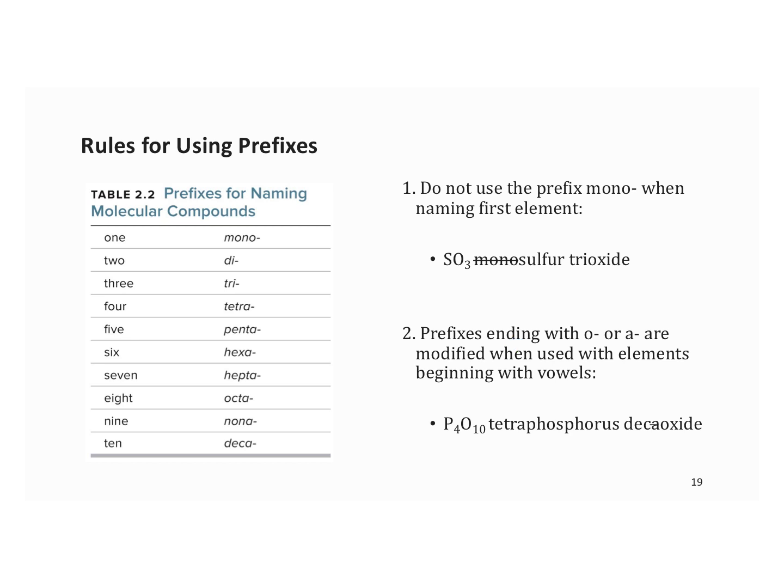And then prefixes ending with an O or A are modified when used with elements beginning with vowels. So P4O10, that's tetraphosphorus decoxide. It's not decaoxide. So we get rid of the A there, which is crossed out, just because that cross out is kind of weird.